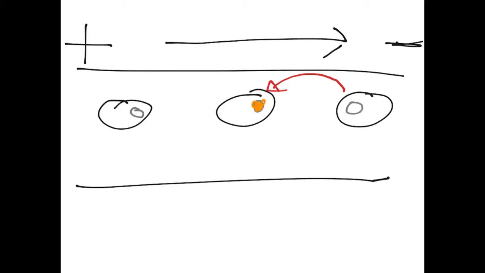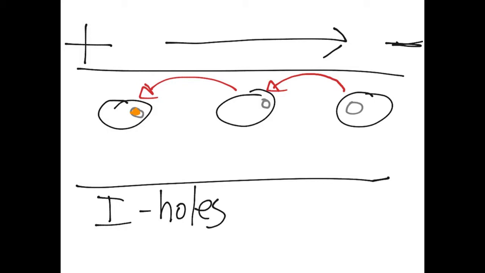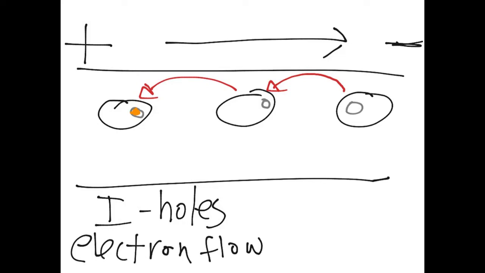And this process continues. Jumps over to the next hole, then the electron goes in this hole, and this becomes a hole. Obviously, because if you take the electron out, all that's left is a hole. So, you can think of it as current I is in the direction of the holes, and the electron flow is actually in the opposite direction, which is quite interesting.